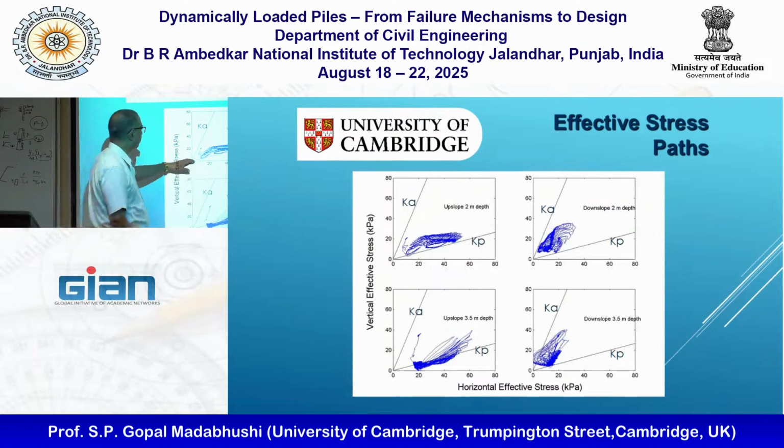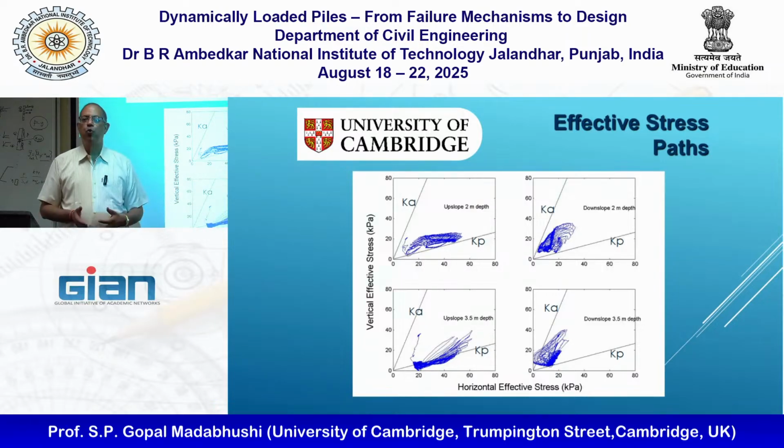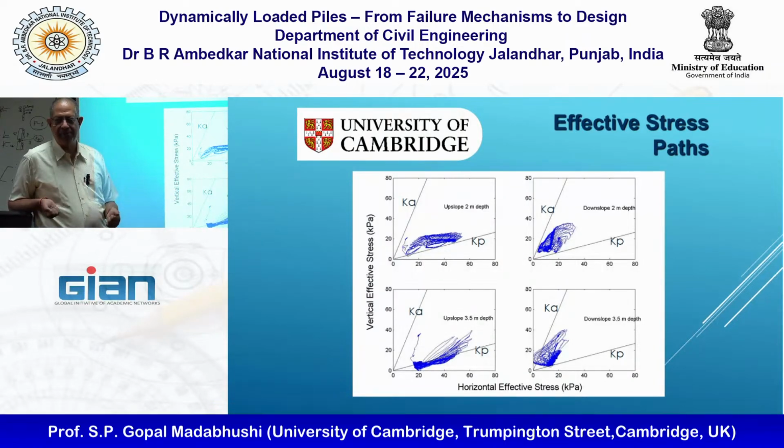So at 2 meter depth, upslope the soil starts here and ends up there. So clearly it's very close to fully mobilizing its passive earth pressure capacity.